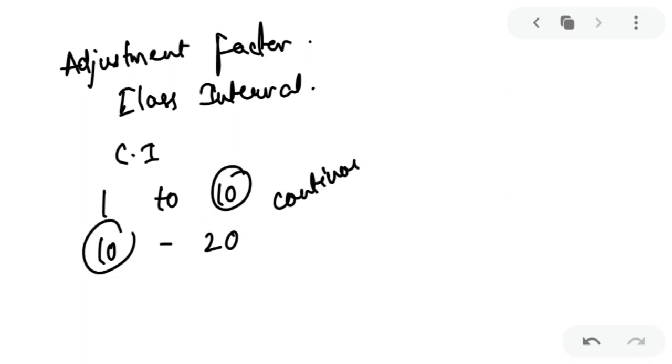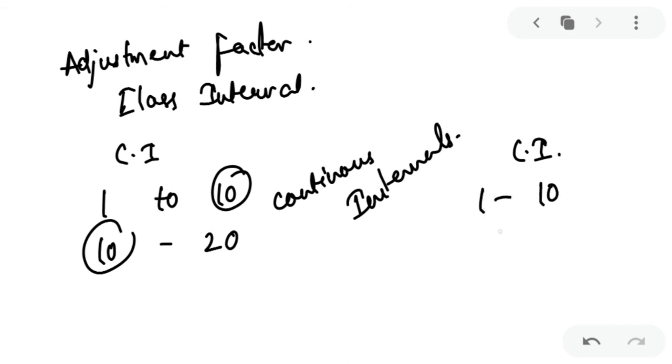Continuous class intervals are useful for making histograms. But if I give you class intervals 1 to 10 and 11 to 20, then you have to make the adjustment factor. How? This is the upper class limit, this is the lower class limit.